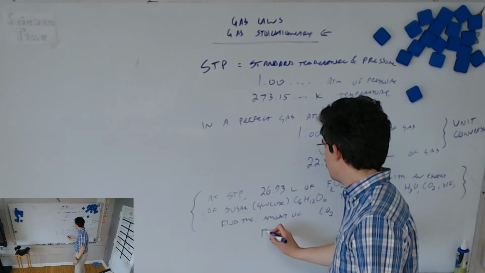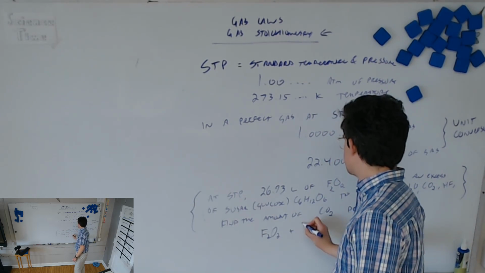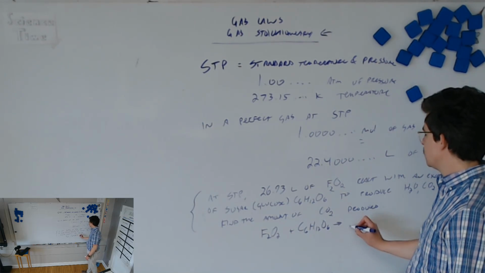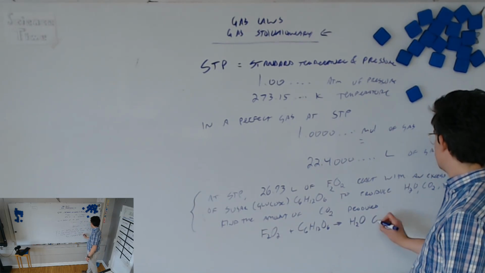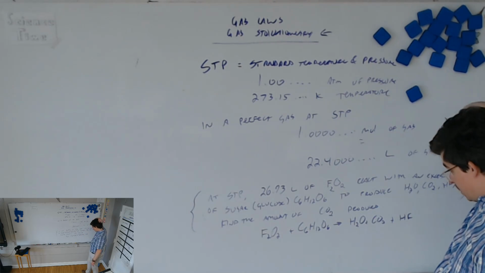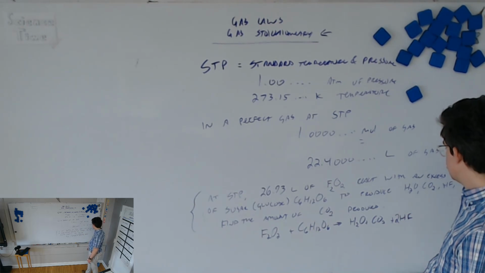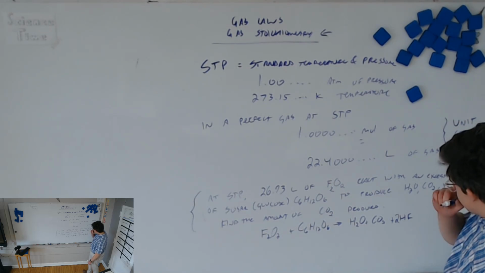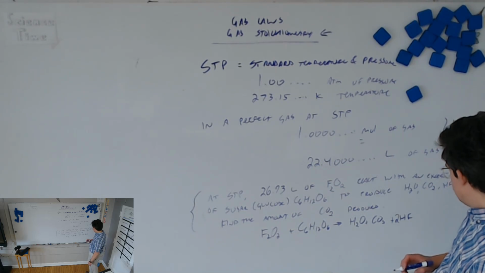So we have foof plus. Don't say foof. Plus that yields H2O, CO2, and hydrogen fluoride. So we have to balance this. I think that does something. Well, this is actually going to be a double the balance.